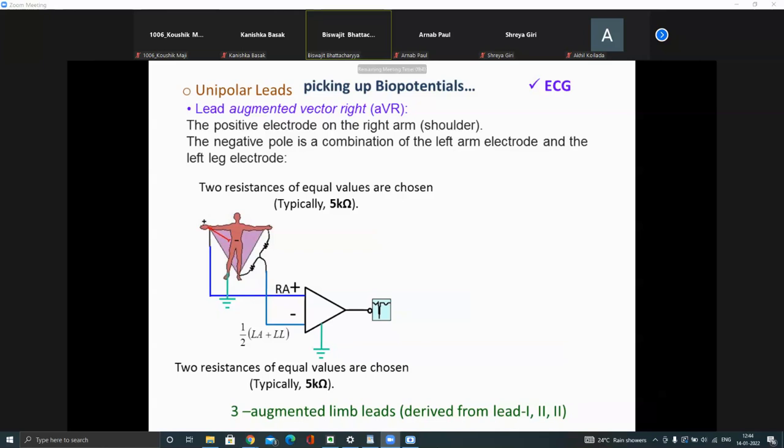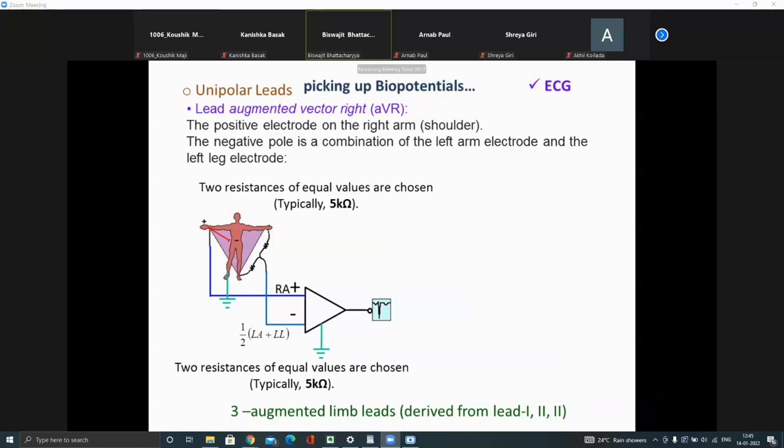The voltages will come as positive voltage, no negative. These unipolar leads are called augmented vector leads, with a small a. AVR means augmented vector right, AVL means augmented vector left. You will see these.